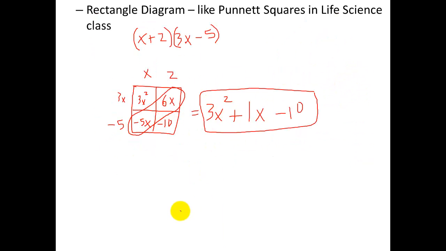Likewise, with these squares, say you're multiplying a binomial times a trinomial, you can do that by making 2 rows and 3 columns. So this rectangle diagram method and the distribution method work for any size polynomial, and FOIL only works for a binomial times a binomial, so keep that in the back of your mind.